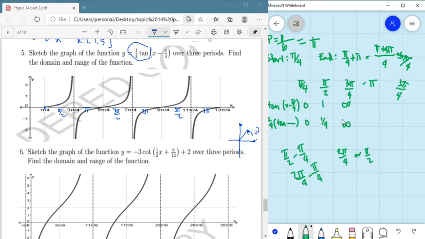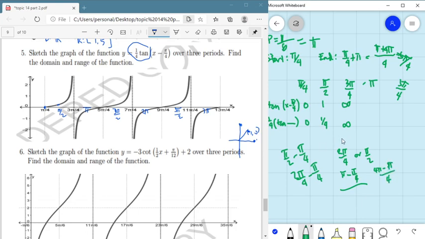Therefore, this part here is undefined, which is where we put a vertical asymptote, meaning it's not in the domain of x. Okay? Next is pi. So, pi minus pi over 4 is equal to 4 pi over 4 minus pi over 4.